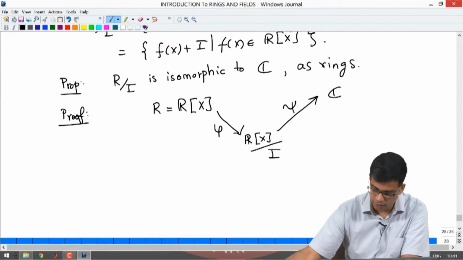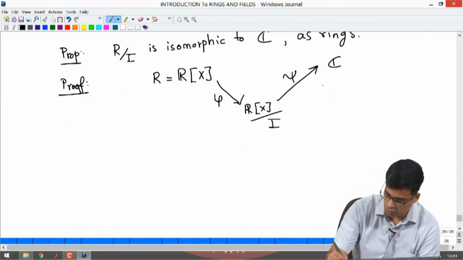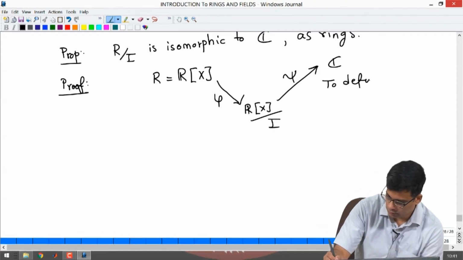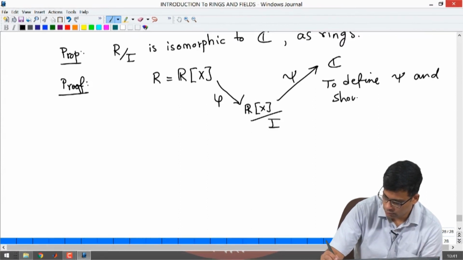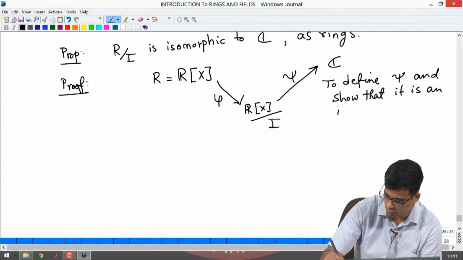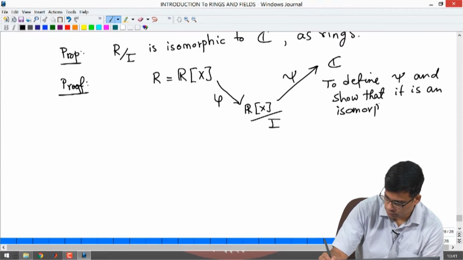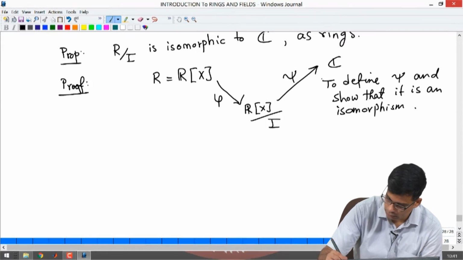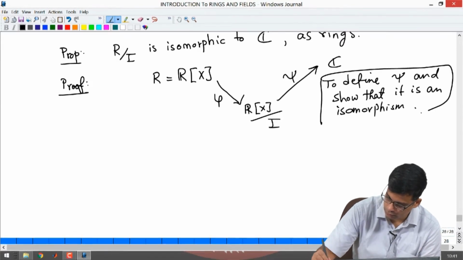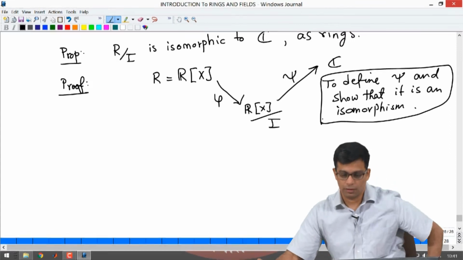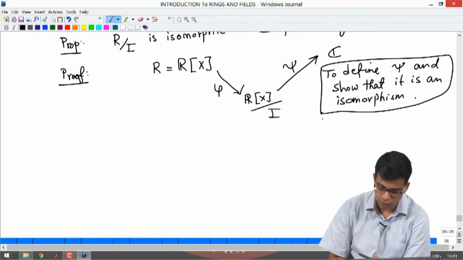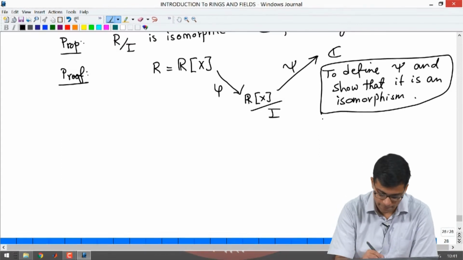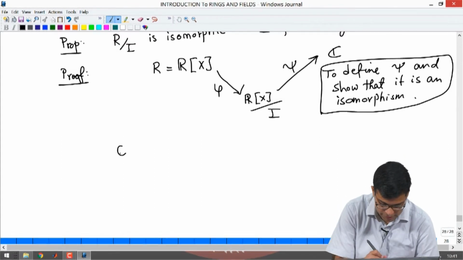My goal is to define psi and show that it is an isomorphism. So, what I will do is define psi like this.